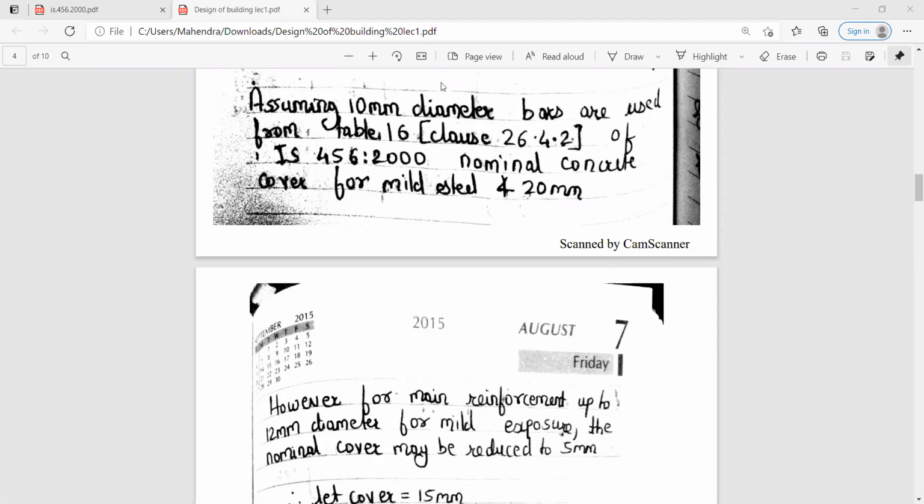You have to provide cover of 15 mm. That is 20 minus 5. Is it completed up till here, everyone?